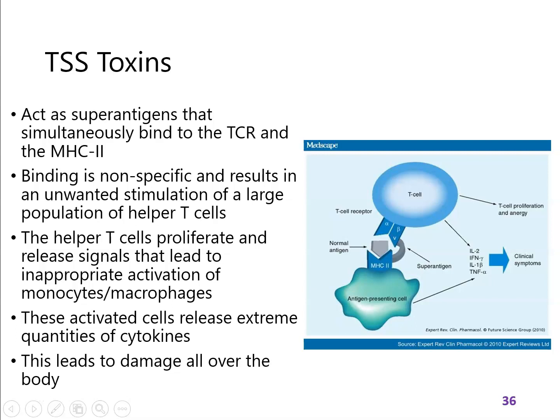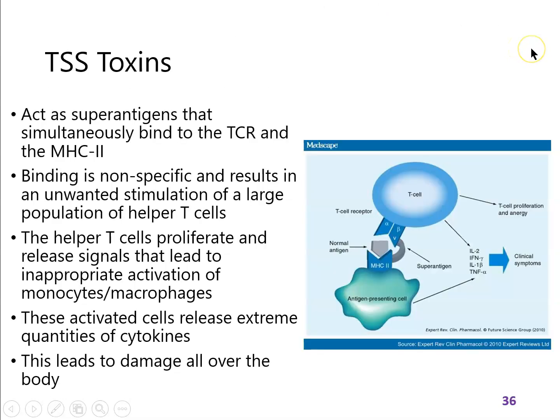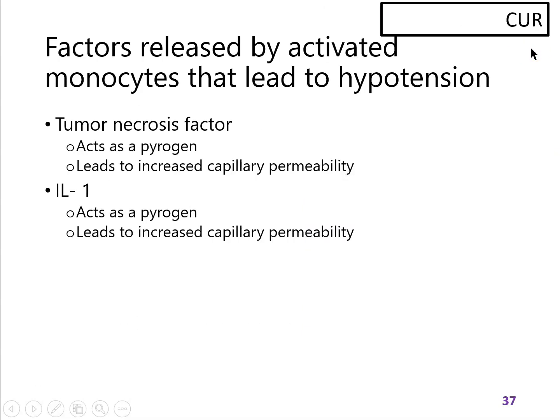So ultimately, damage all over the body leads to blood leaking into the tissues as they become damaged from blood cells escaping from capillaries, and that can lead to organ failure. So these are the major signals that we see in inappropriate amounts, and they lead to capillary permeability.